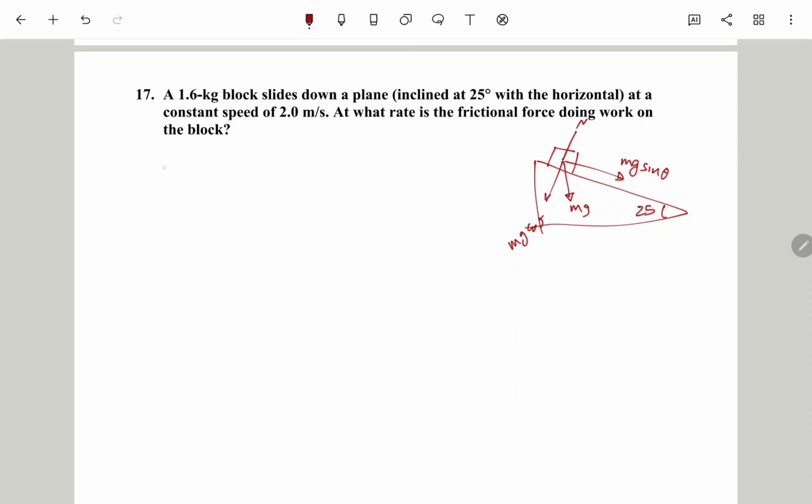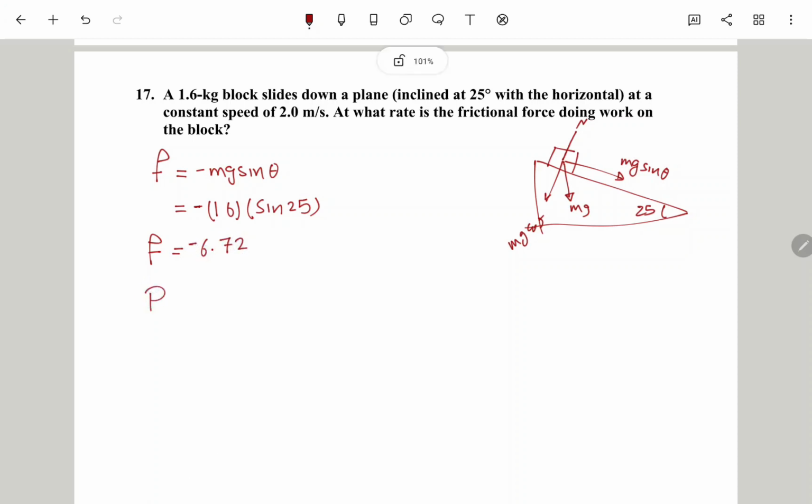force. Now F is the frictional force, should be equal to mg sine theta with minus sign, so it's equal to 16, because m equal to 1.6, g equal to 10, sine 25, and don't forget the minus sign, so F here equal to 6.72 with minus sign.